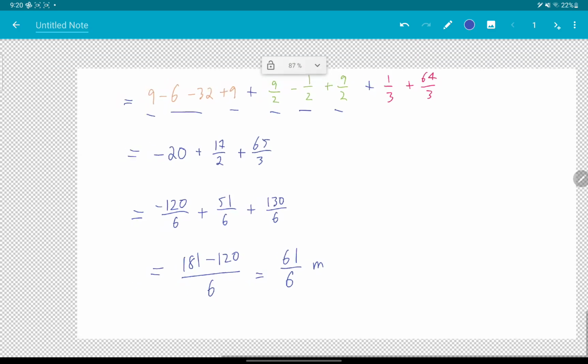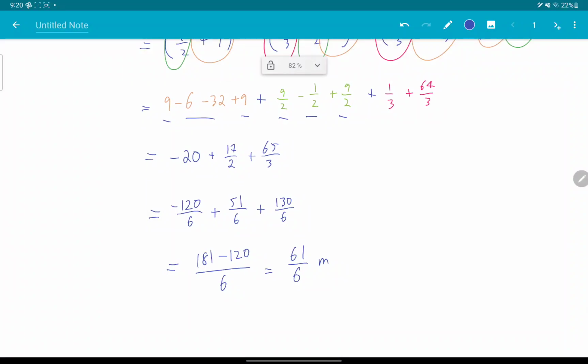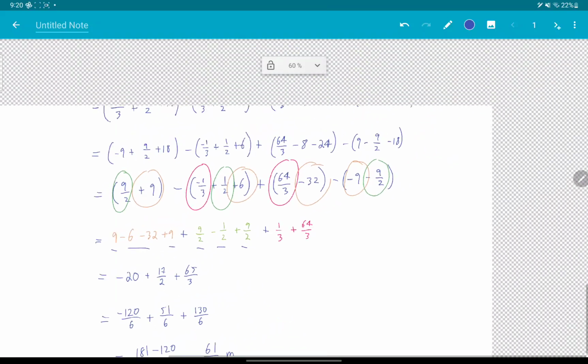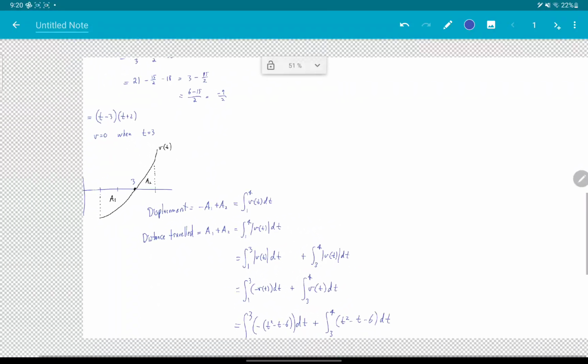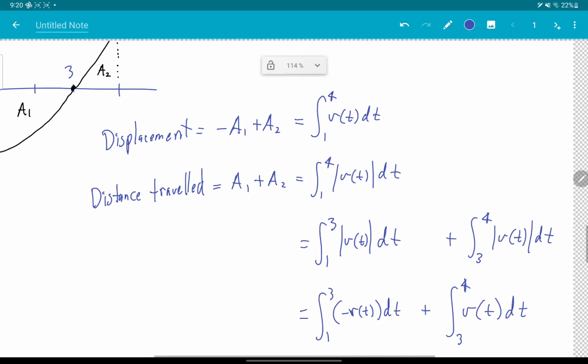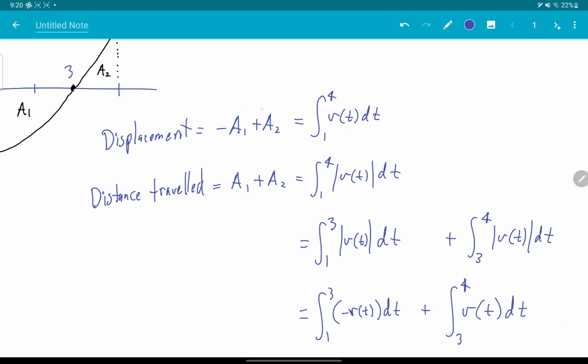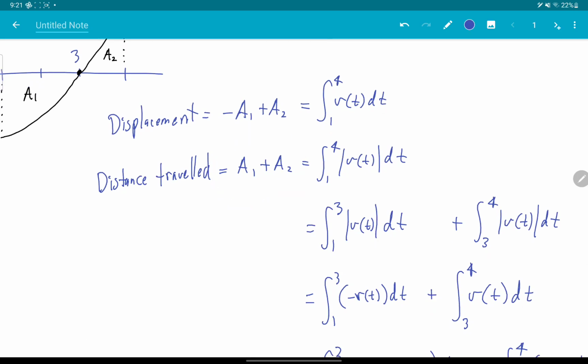Okay. So, quick recap. Here we go. So displacement is this kind of net area here, signed area. But for distance, you want to do strictly positive areas and add them up.